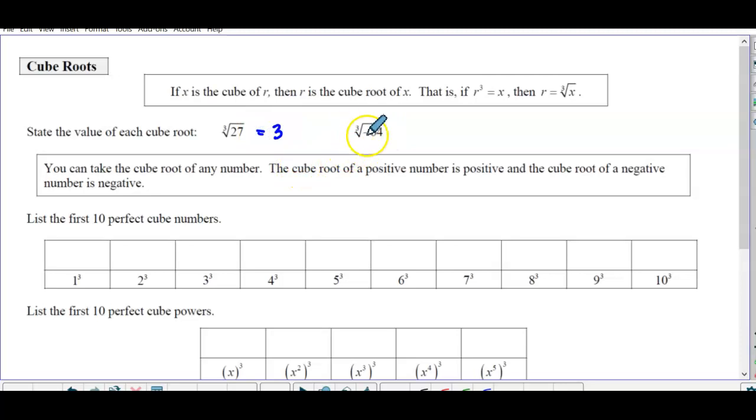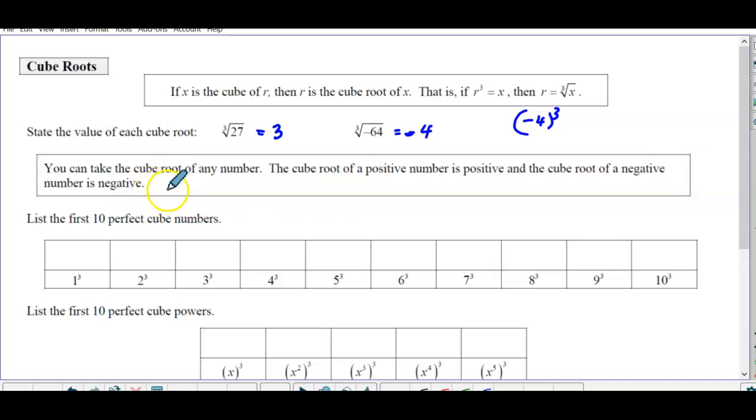Okay, cube root of negative 64, well, 64 is 4 cubed, but this is negative. So think about negative 4 cubed. Negative times a negative times a negative is a negative. So this would be negative 4. You can take the cube root of any number. The cube root of a positive number is positive, and the cube root of a negative number is negative.